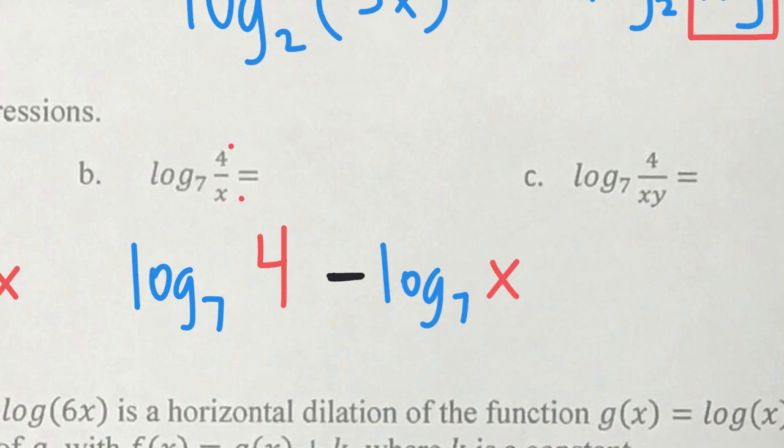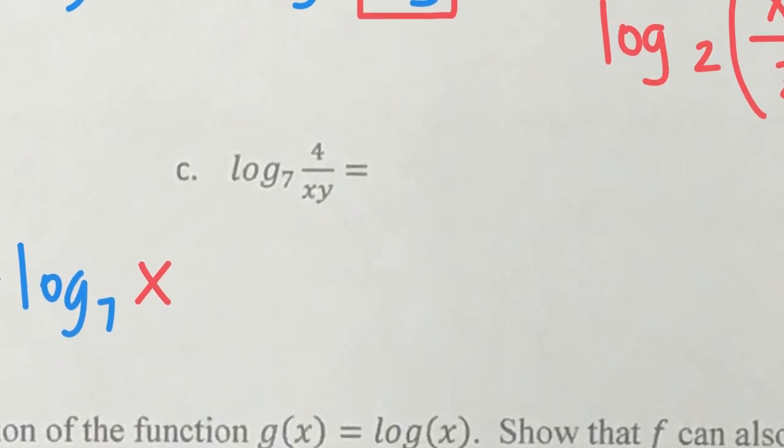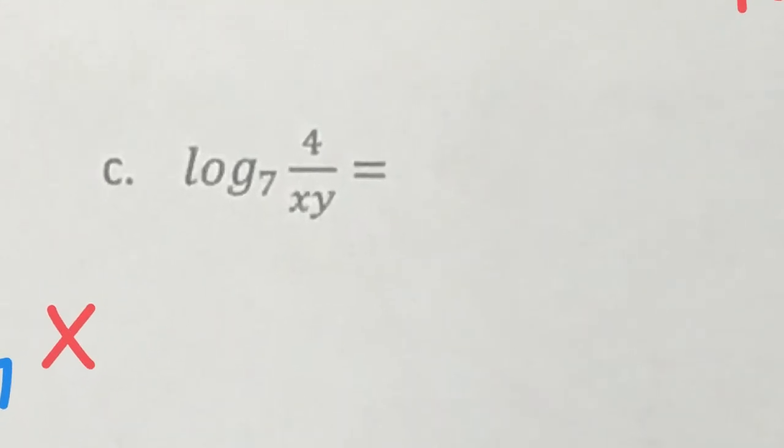So log base 7 of 4 minus log base 7 of x. Our last one: how many log arguments do we have? We have three. We have a numerator and two things in the denominator. But first, we get rid of division. So we take our division and we write it as subtraction.